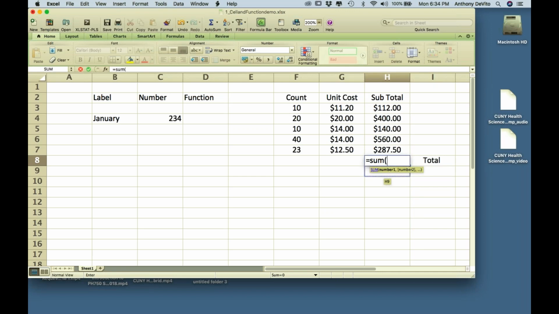So I'm going to say I want the sum of H3 to H7. And to say to H7, I'm going to put a colon in and say H7. Close parentheses. And now it adds all of them up. That sum is your first use of a function. Okay? So we've added those together.